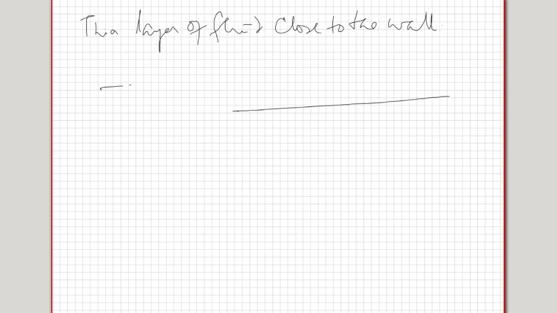Suppose this is your free stream, and I can construct, let us say, a thin boundary close to the wall, so that the region within this boundary has been affected by the presence of the wall, and the region outside this boundary is not affected by the presence of the wall.